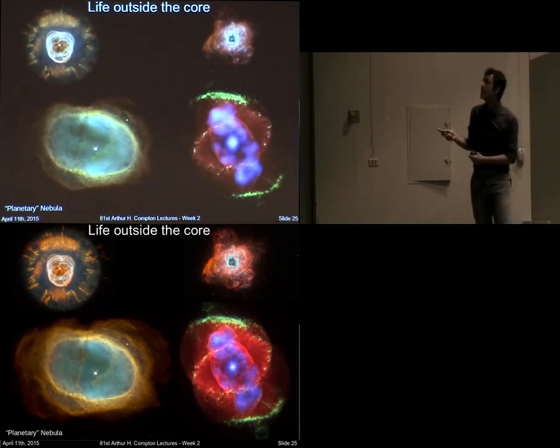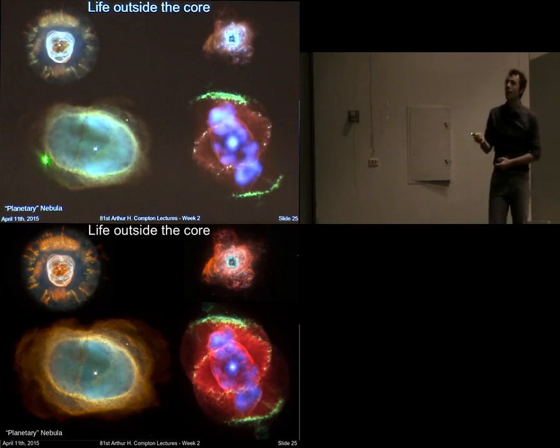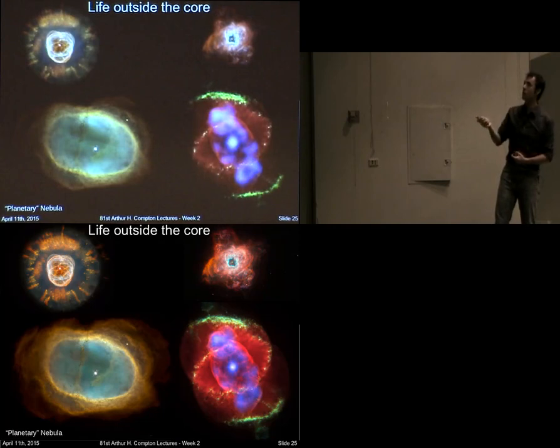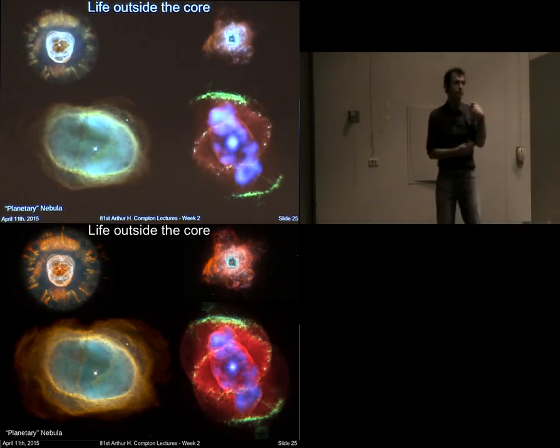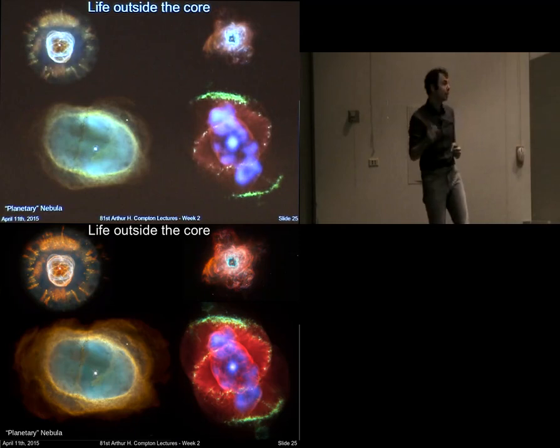And so what you see in these planetary nebulae is the outer layers of what was a star, now blown off into this nebula region. And we will have the core of the star left in the center. And you'll see in these images that they have been colored in different colors. And these colors correspond to the light emitted by different elements.